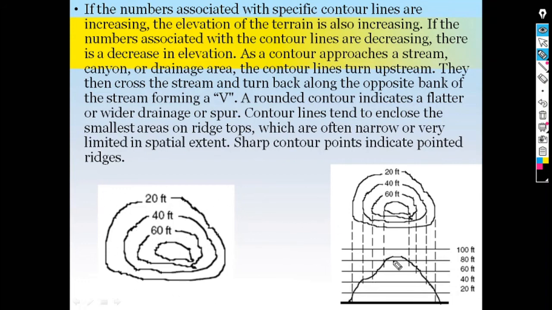So it is representing a hillock. Over here there will be 60, 40, 20, and this maybe 80, and this will be 100 feet elevation. So this is nothing but a representation of this 3D structure on 2D paper. That's how we represent the elevation on 2D maps with the help of contour lines.